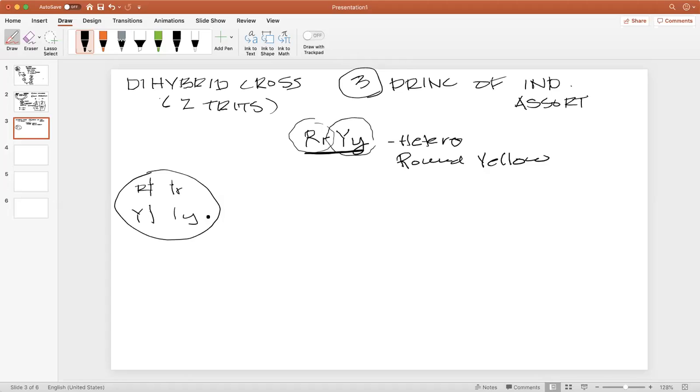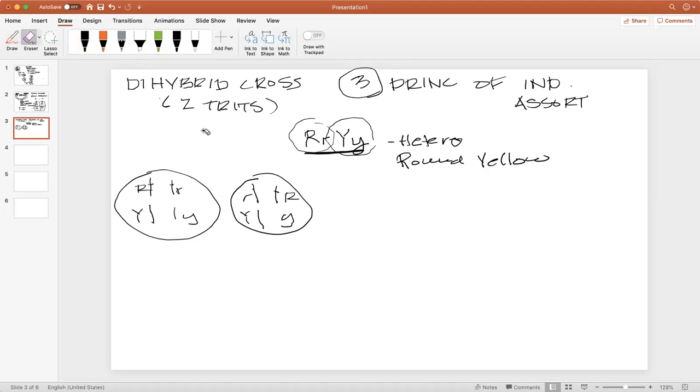But I just told you that how these line up is random. So what if we flip-flopped it? You could also have little r on this side, and big R on that side, and big Y and little y.